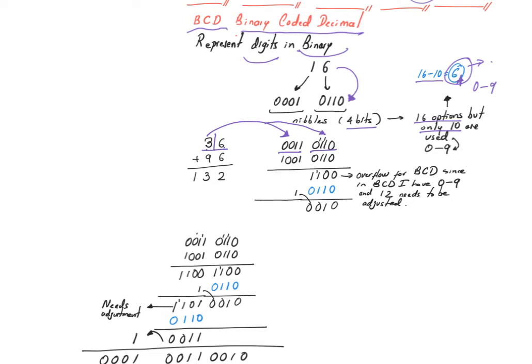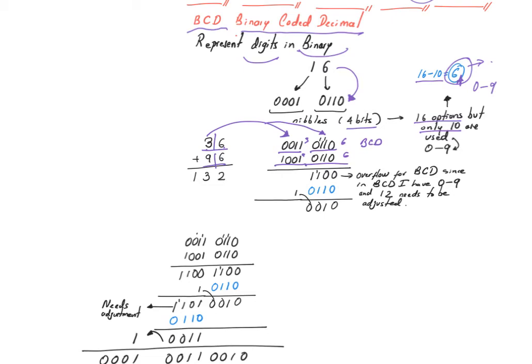So this is 6, and this is 3. 96 is 9 and 6, right? Now, this is a good BCD representation. It's to take each digit and represent it in binary. So let's see if by adding in binary these representations, we can get the original result.